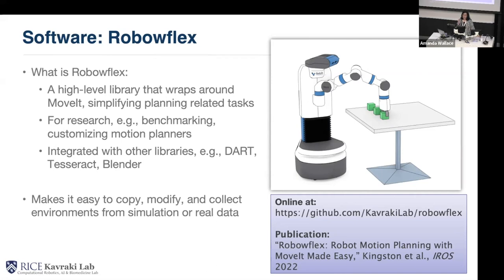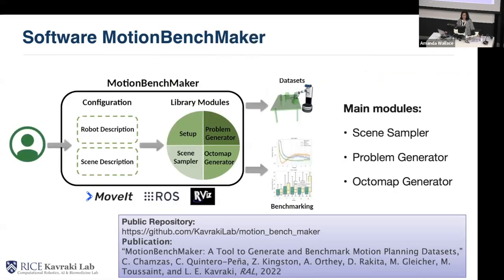It makes it easy to copy, modify, and collect environments from simulation or real data. So that when you are going to evaluate a motion planner, you are going to evaluate it on different environments and slight variations of these environments.